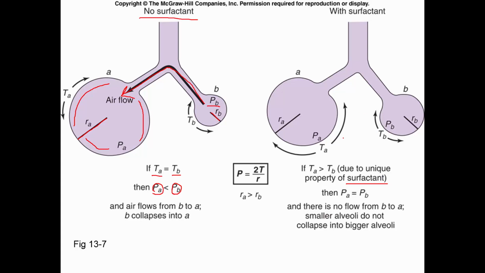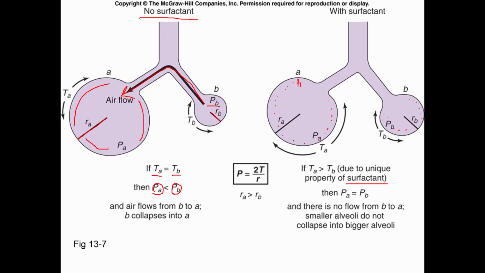How does it do that? Surfactant is found inside these little alveoli. Remember that the polar parts are in the liquid, and the little tails are sticking out into the air. They're all around here, lowering the surface tension.